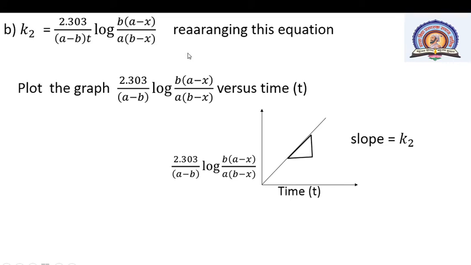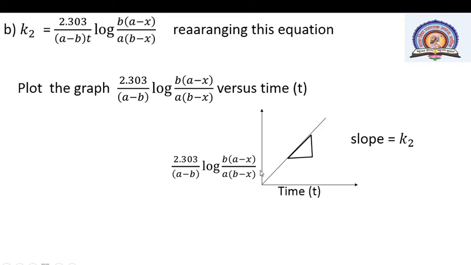Now, rearranging this equation, plot the graph of 2.303 divided by (a minus b) log of b into (a minus x) divided by a into (b minus x) versus time t.